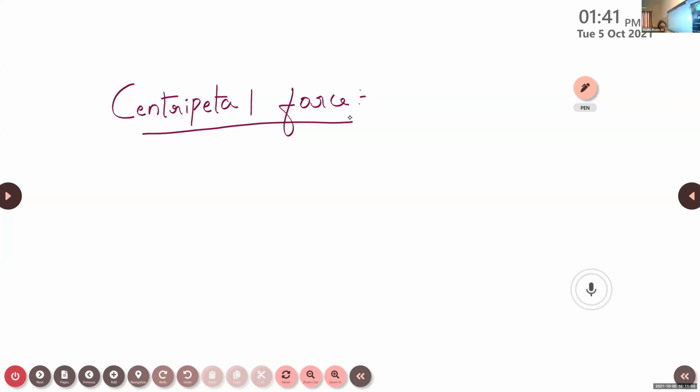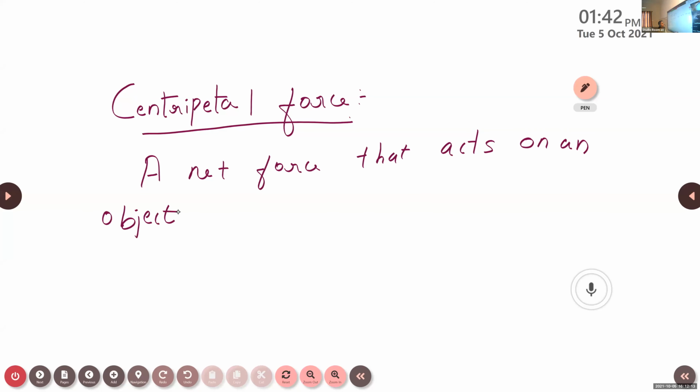Write the definition. A net force that acts on an object to keep it move along a circular path.